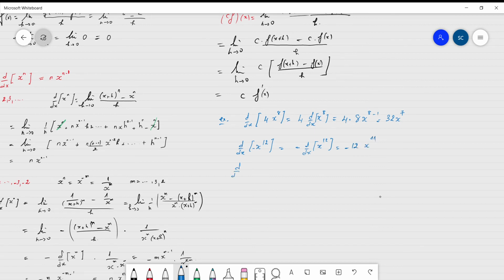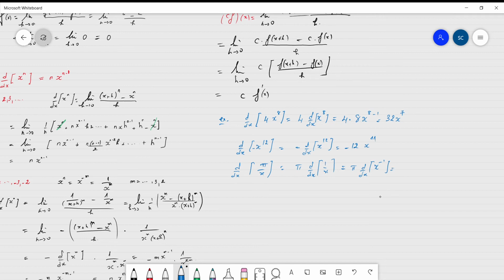And the derivative of pi over x? The first step, I'm sure I can write it as pi times 1 over x. Now, do we know how to derive 1 over x? Yes, we can write it as a power function: it's the derivative of x^(−1).